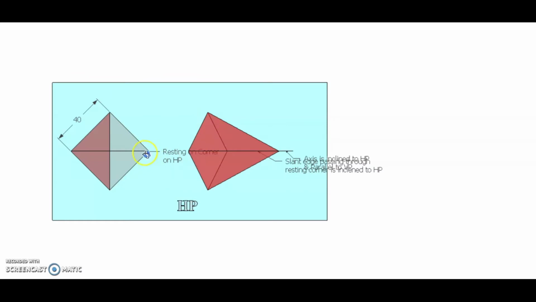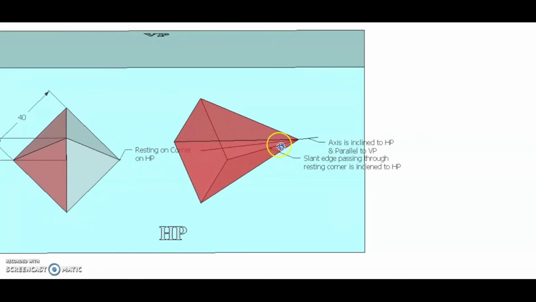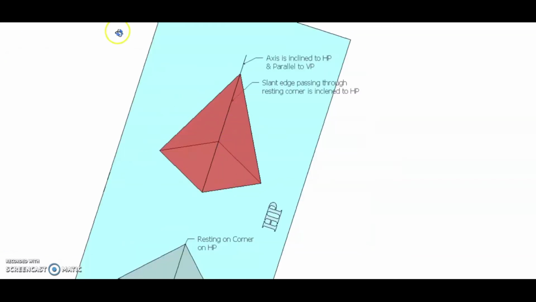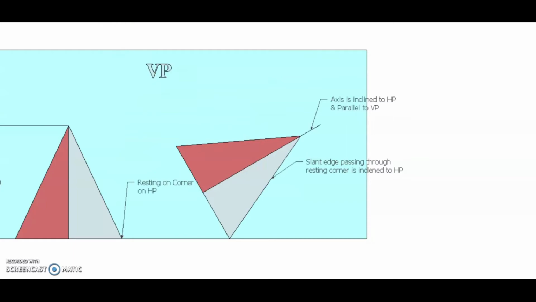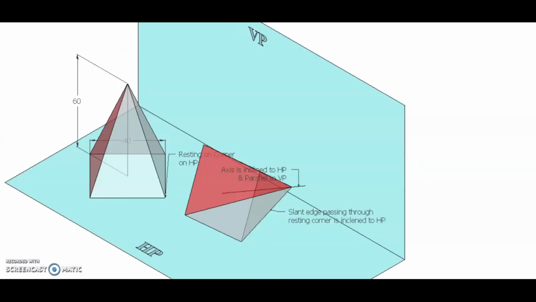So this edge will be here, this base edge will be here, and this slant edge may be dotted, but this slant edge which is not visible is covered by this visible edge, so we cannot show it by dotted line. So we have to show only these two lines as dotted lines.